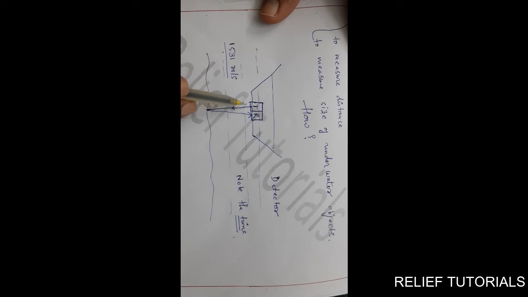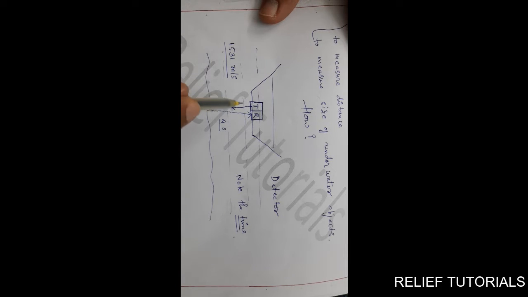So by this speed, sound waves go to the bottom, reflect back and the receiver receives it. Let us say the time taken is 4 seconds. Please listen to me. This 4 seconds is the total time from transmitter to bottom, bottom to receiver.